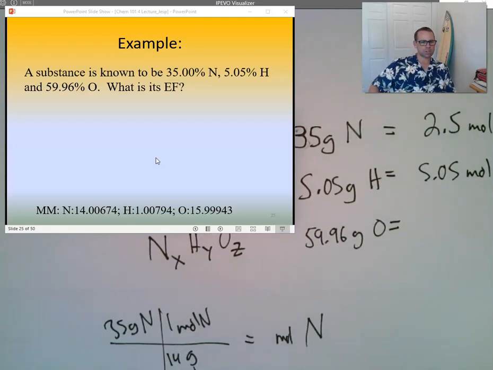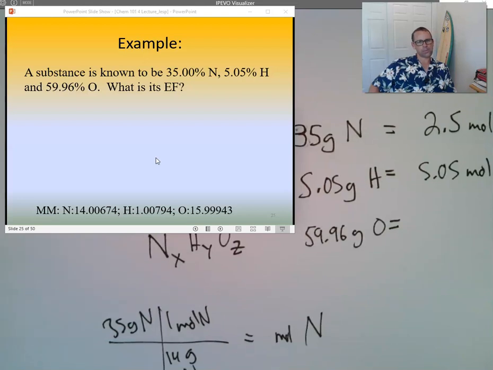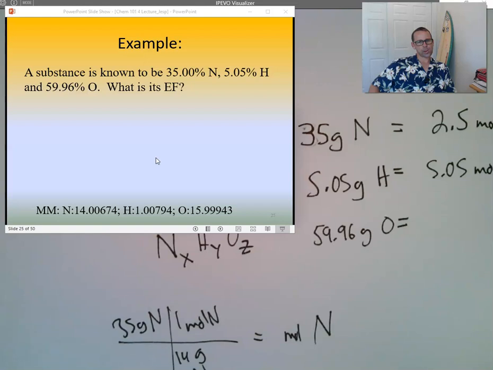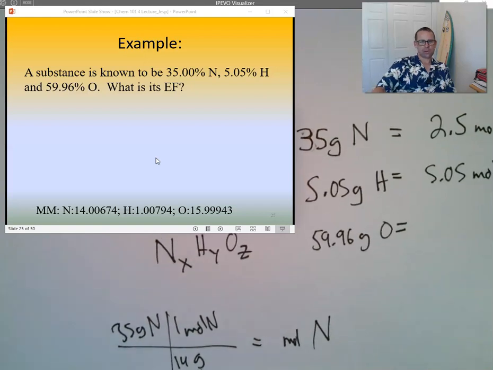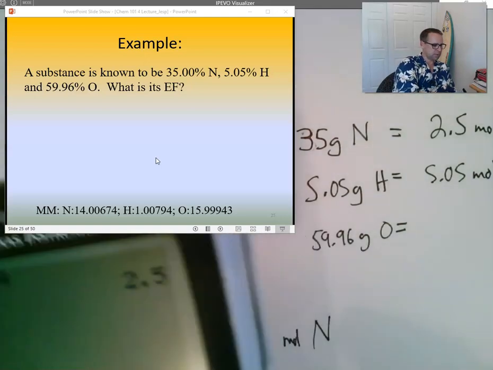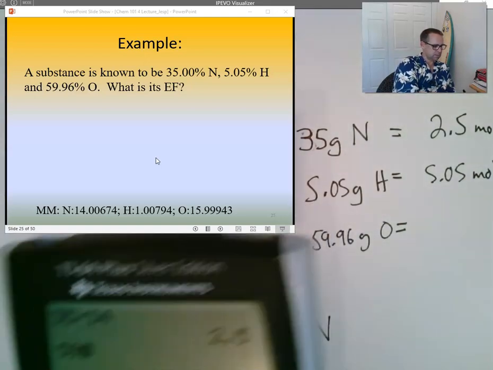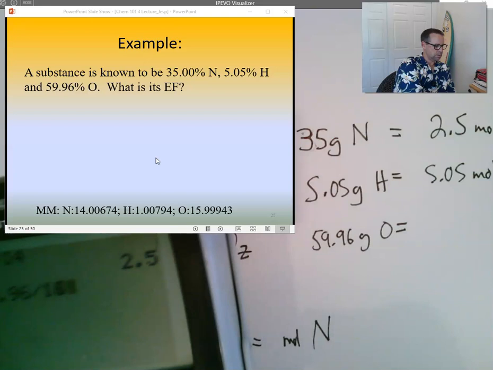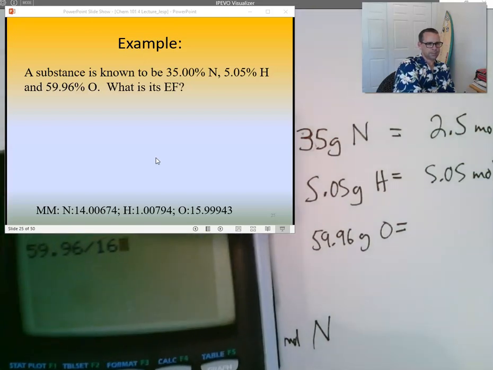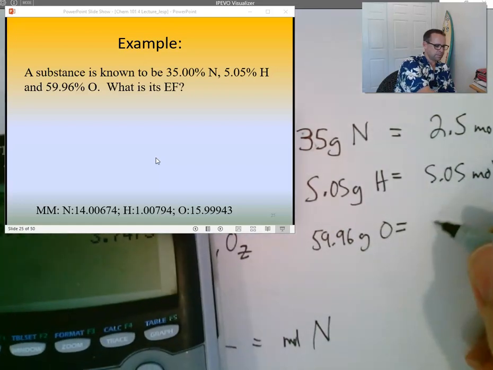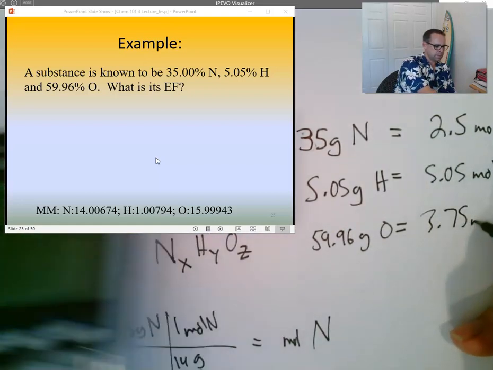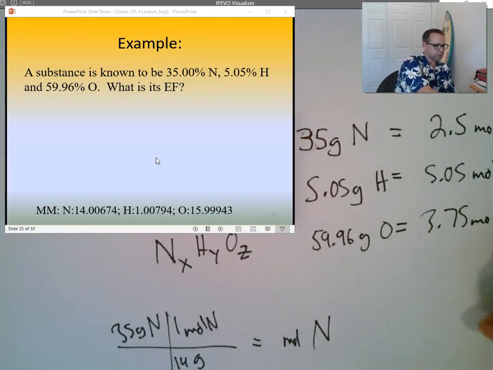Now, 59.96 grams of oxygen. How do I convert that to moles? 16. Yeah, 59.96 divided by 16. 3.75 moles of oxygen.